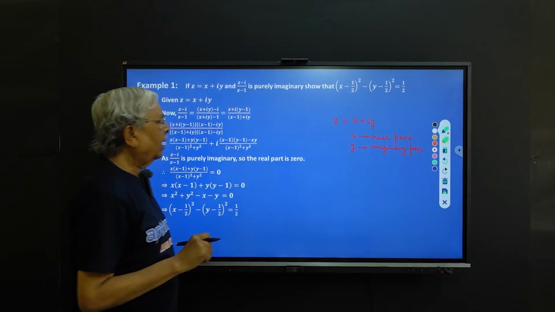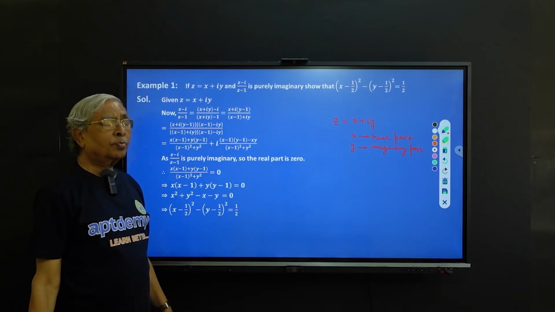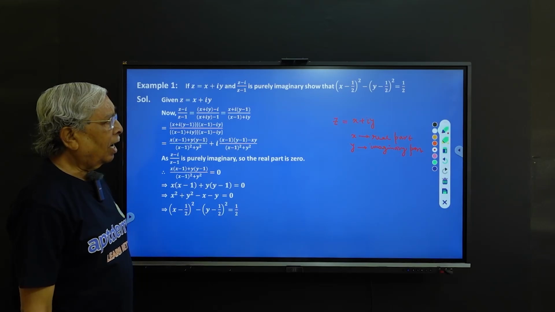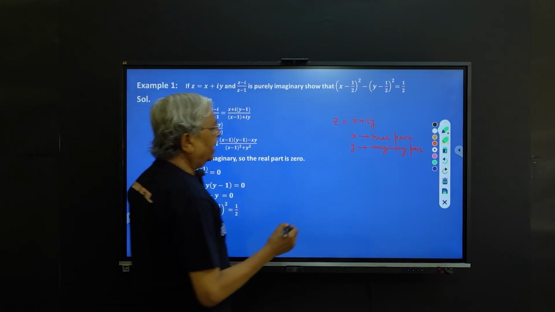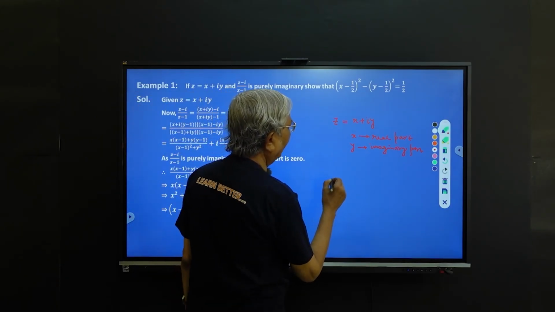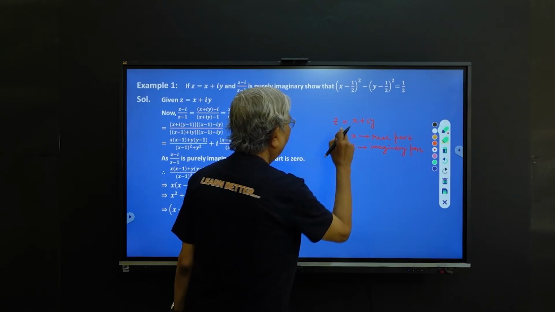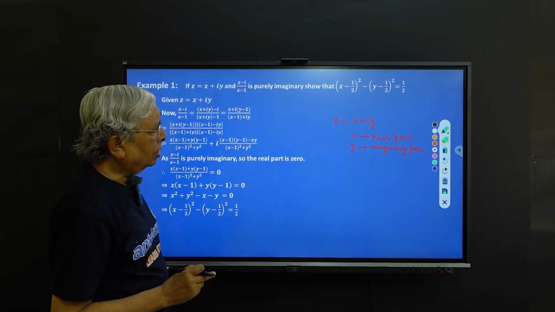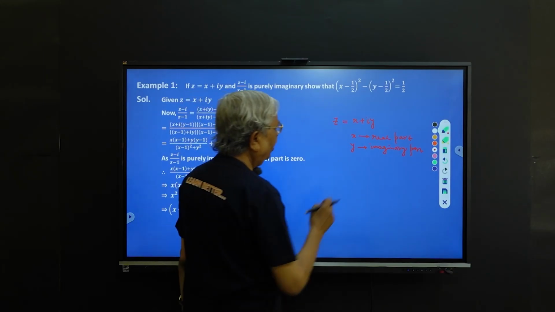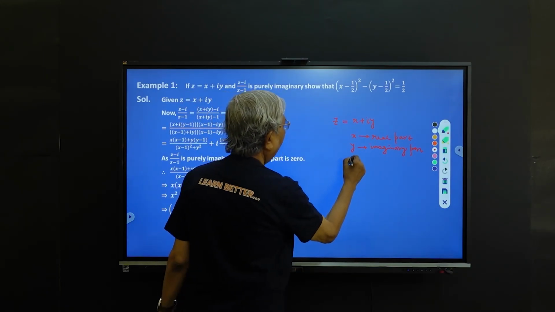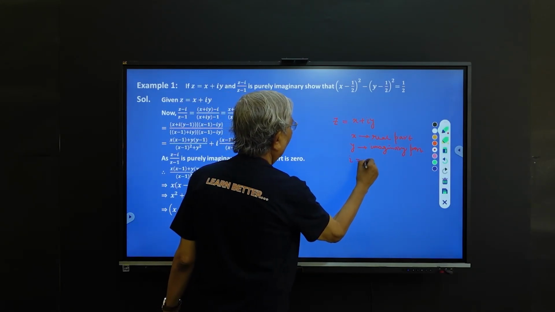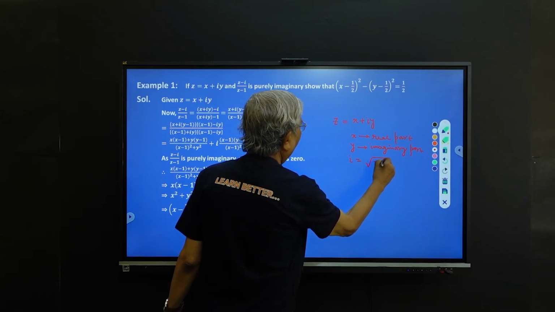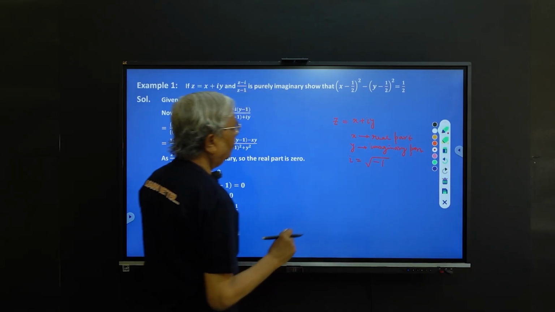So the number that can be written in the form z equal to x plus iy, where x and y are both real, and here x is called the real part, y is called the imaginary part, and i is our root over minus 1. This is the imaginary number.